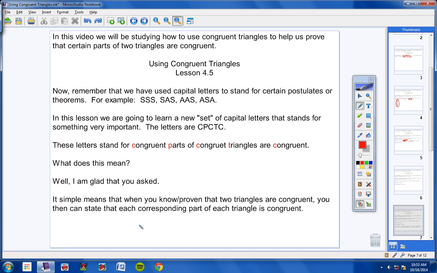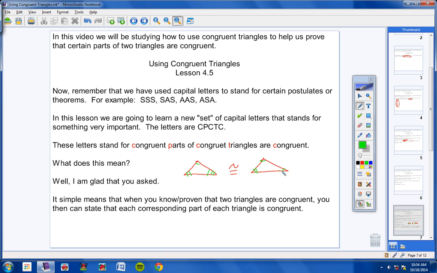I mean, look, if I told you that this triangle here is congruent to this triangle here, as soon as I tell you that, you then know, as long as the two triangles are lined up correctly, you know this angle is congruent to this angle, you know this angle is congruent to this angle, and you know this angle is congruent to this angle, and so on and so forth.